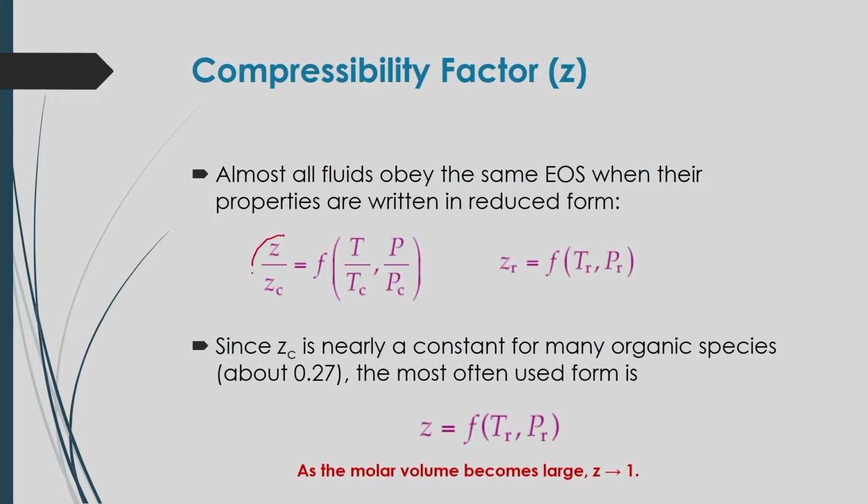If we consider the compressibility factor, it is represented by Z by Zc. Z is the compressibility factor at a certain temperature and pressure, whereas Zc is the compressibility factor at the critical condition. We will describe what the critical condition is, that means where the gas will not be able to be liquefied at higher pressure at that particular temperature.